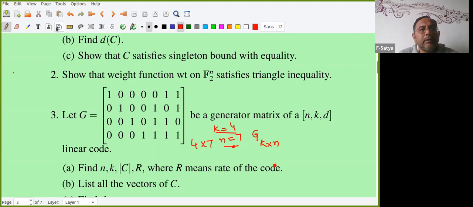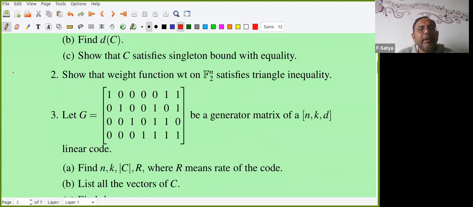What is the cardinality of a linear code? It depends on k. k is the dimension of the code. So first of all, tell me that C is a subset of what? Code is a subset of which set?